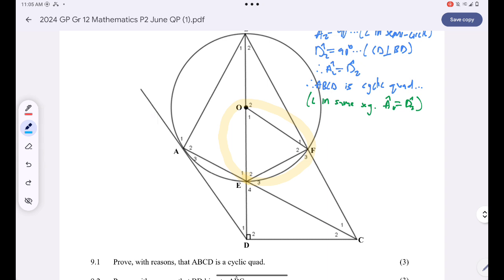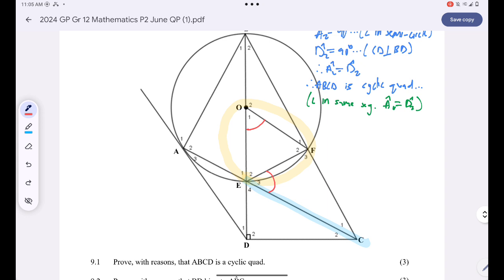If EC is a tangent, guys, to that circle, basically I'm supposed to show that angle E3 is equal to angle O1. So how can I do that?